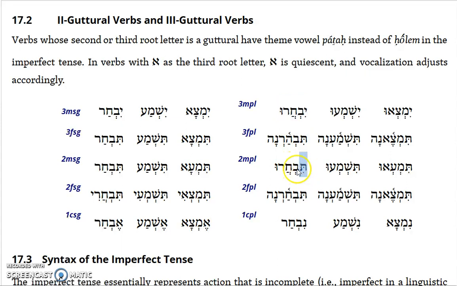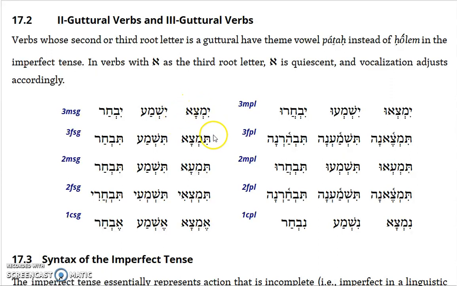In the second masculine plural, you get the hataf patah, and so forth. With the third guttural, there's also an influence of the guttural to make the theme vowel an a vowel. Other than that, this is very much like the strong verb and is fairly regular.